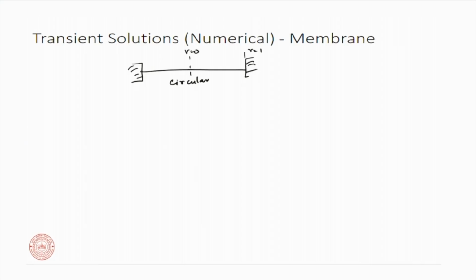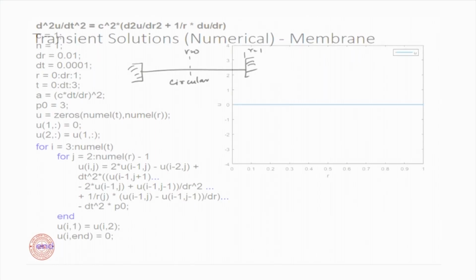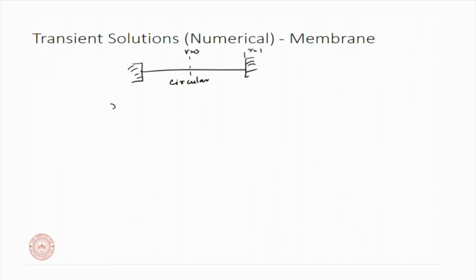Our differential equation is ∂²u/∂t² plus c² of (∂²u/∂r² plus 1/r ∂u/∂r) equals 0. This should be minus over here, I am sorry. Okay. So, we are trying to solve this expression.